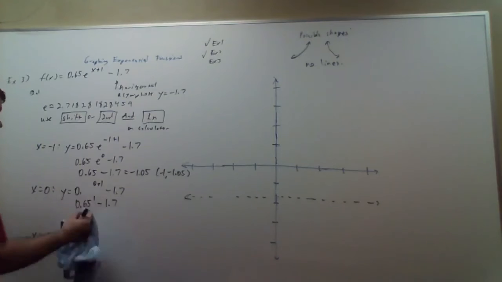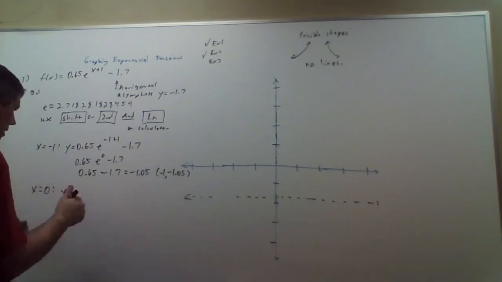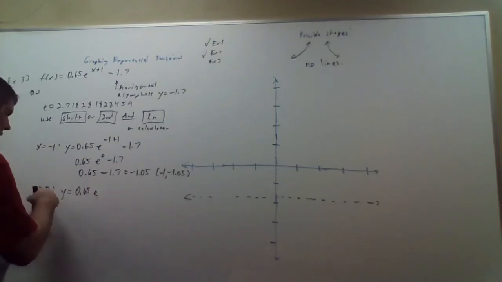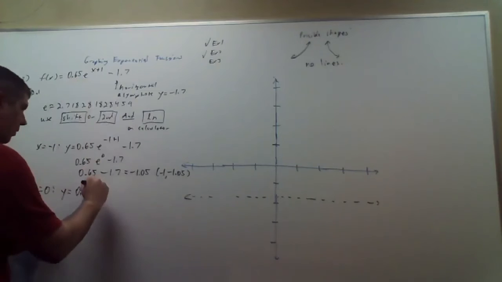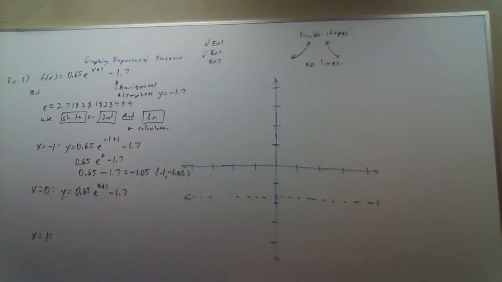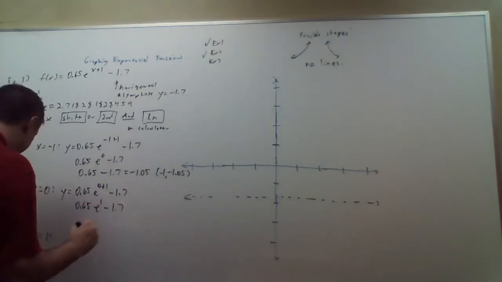I need to rewind and do this again. So 0.65 e to the 0 plus first power minus 1.7. That'll give me 0.65 e to the first minus 1.7.